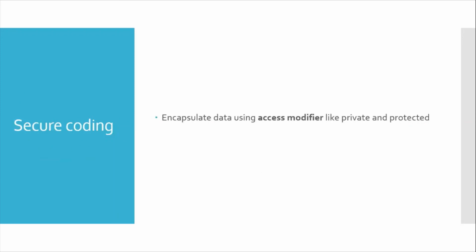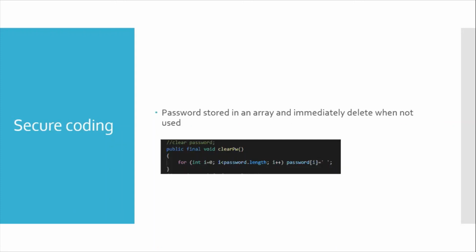Talk a little bit about secure coding. My application encapsulates data by using access modifiers like private and protected, because in this application I need to store the password in order to communicate with my SQL server.